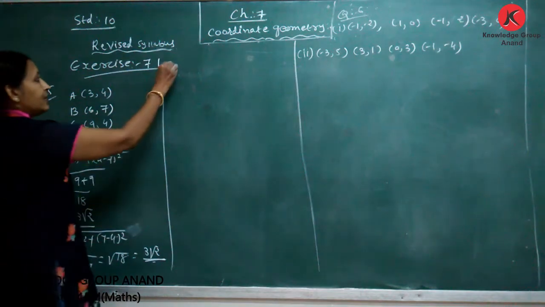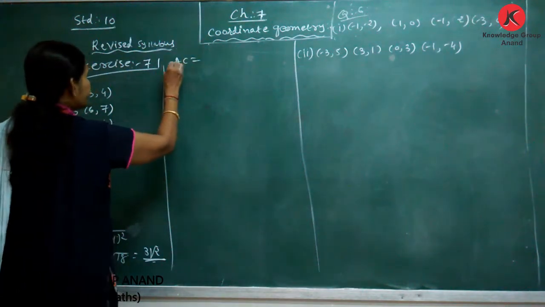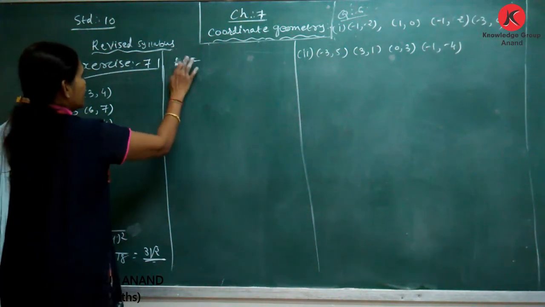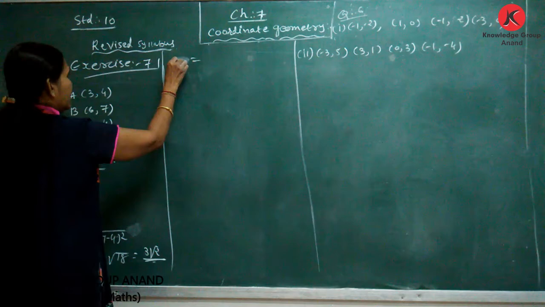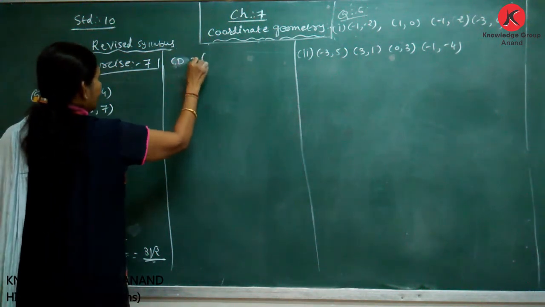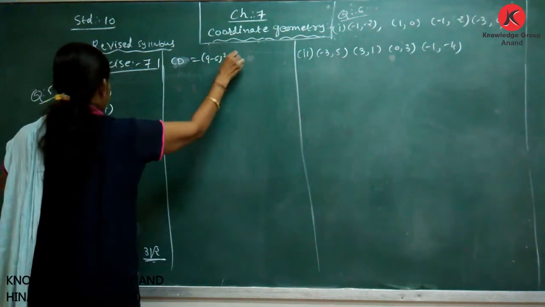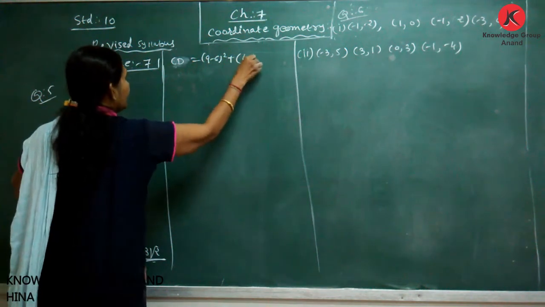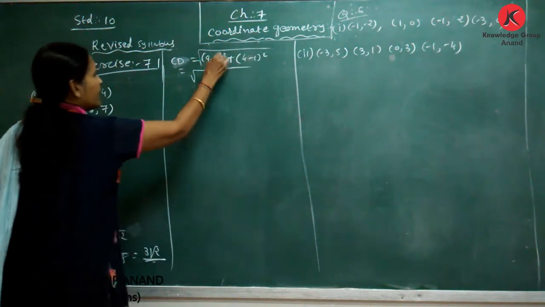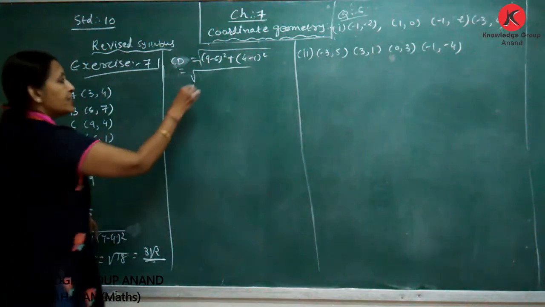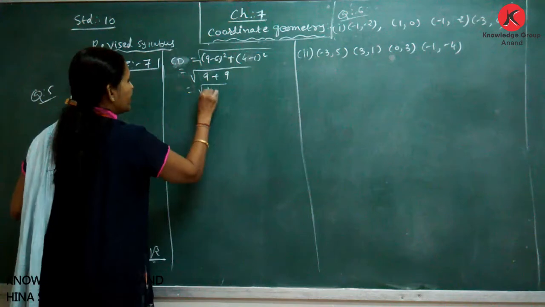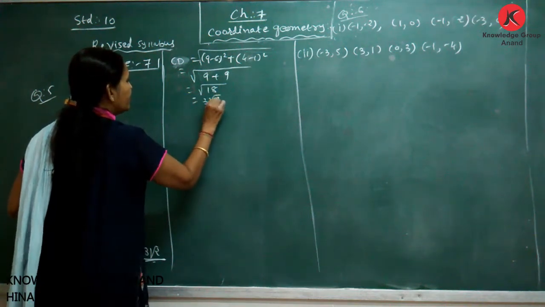Now CD: (9 minus 6) whole square plus (4 minus 1) whole square, equals 9 plus 9, equals under root 18, which is 3 root 2.